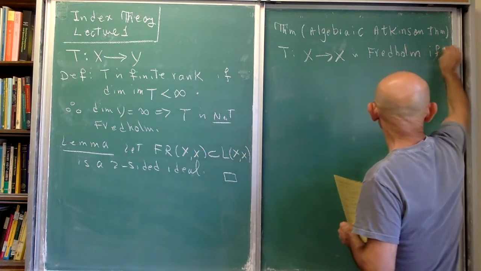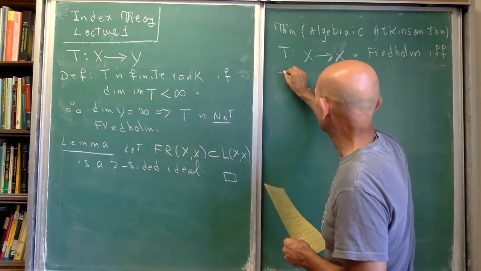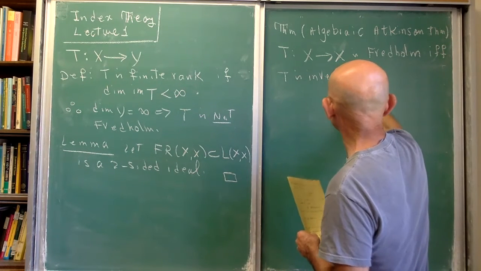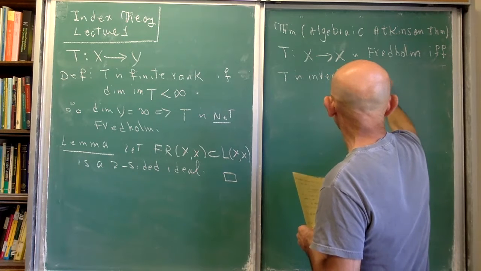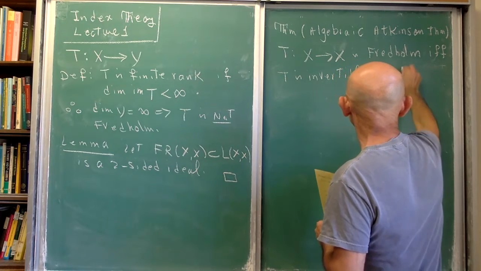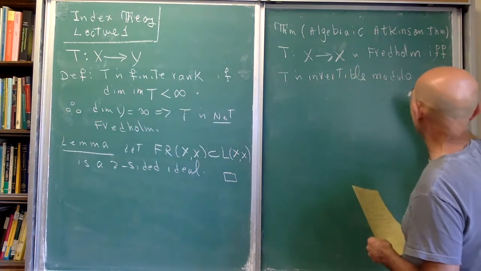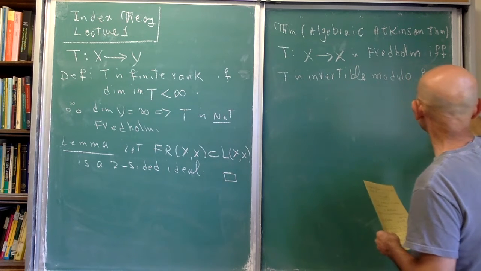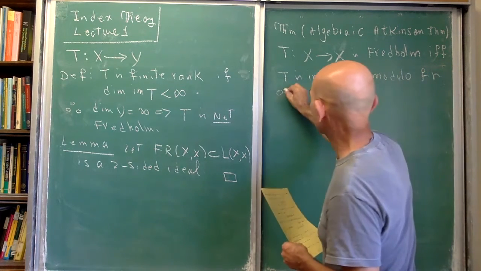So if and only if T is invertible modulo finite rank operators. R means finite rank operators.